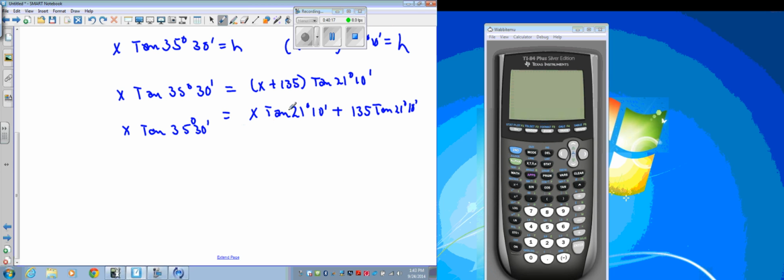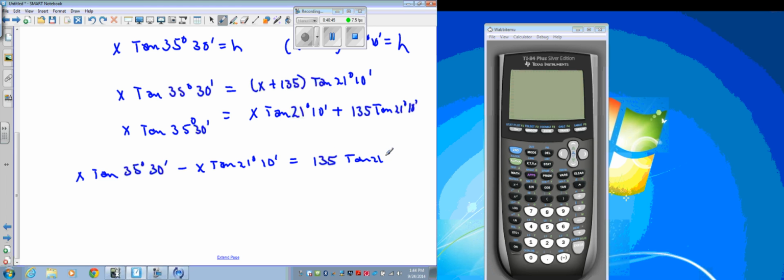Now I'm going to take this one and put it over on this side so that I have x tangent 35 degrees 30 minutes minus x tangent of 21 degrees 10 minutes equals 135 tangent 21 degrees 10 minutes.